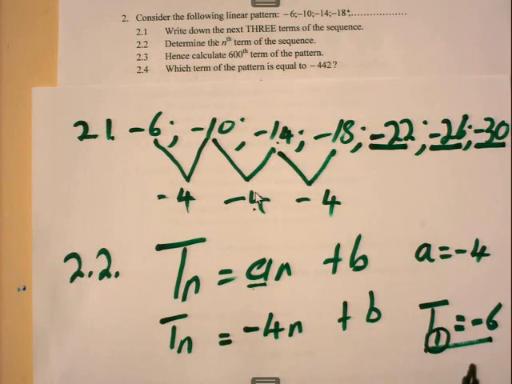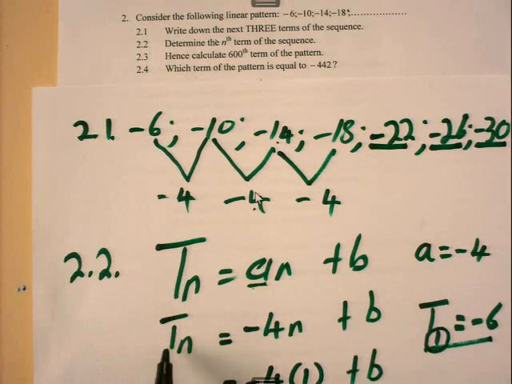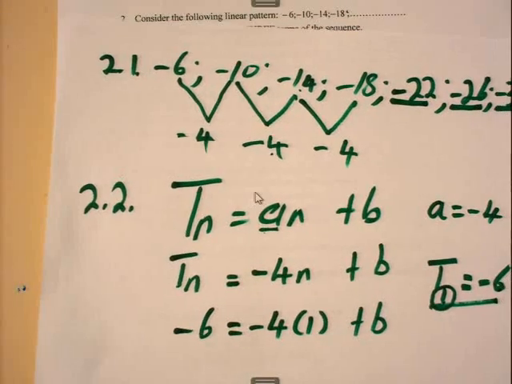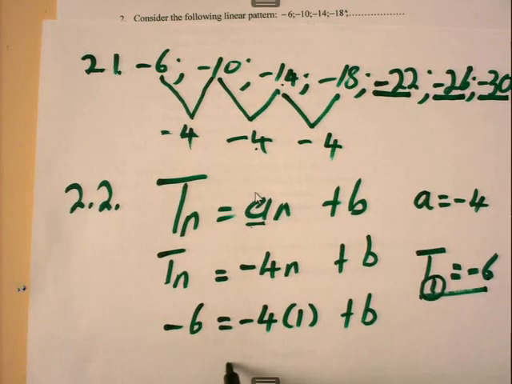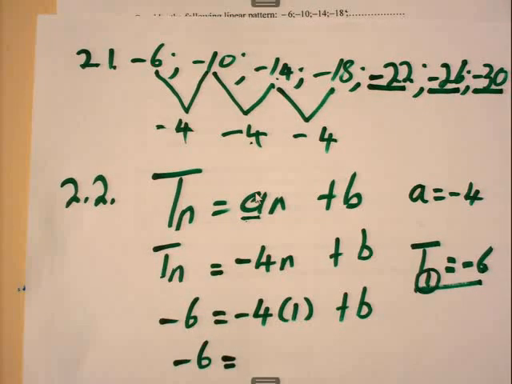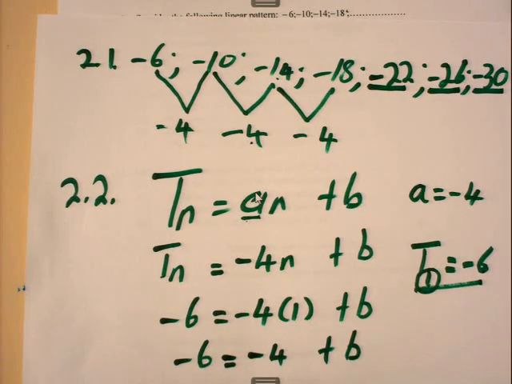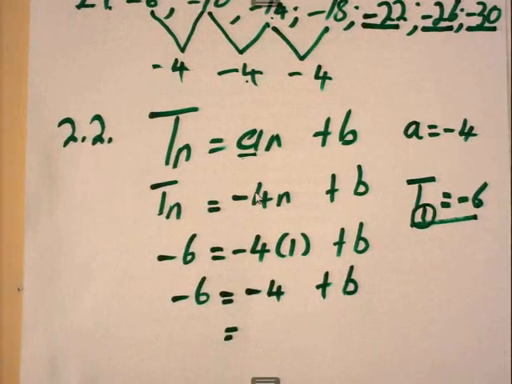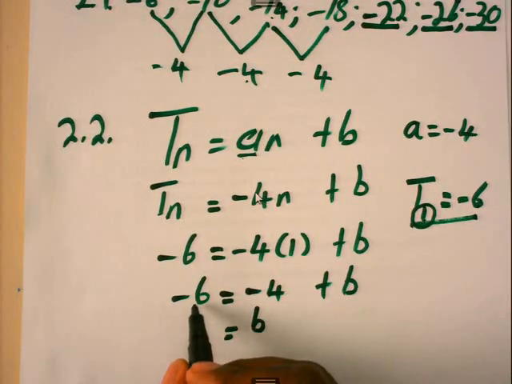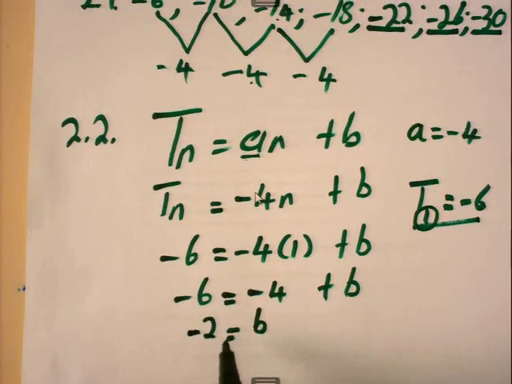So T1 is -4 times 1 plus b, but instead of T1 we put in -6. Now we can work it out. -6 equals -4 multiplied by 1, which is -4, plus b. Therefore, b is equal to -6 plus 4, which gives you -2.